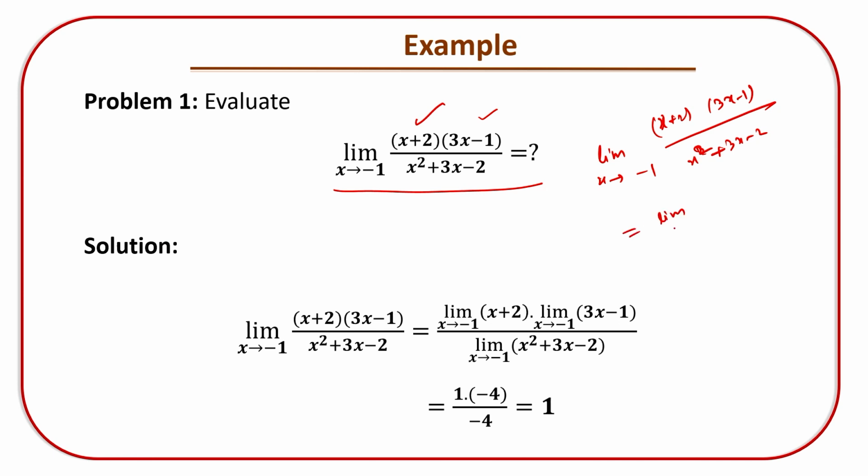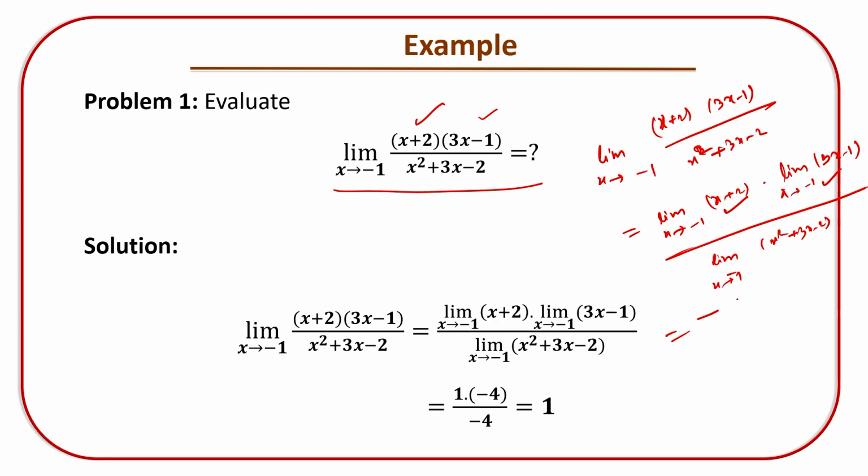So, limit x tends to −1 of (x + 2) into limit x tends to −1 of (3x − 1), divided by limit x tends to −1 of (x² + 3x − 2). Here this will give you 1 and this will give you −4. So, this will be −4 divided by −4, which is equal to 1. So, the limit of this expression is 1.